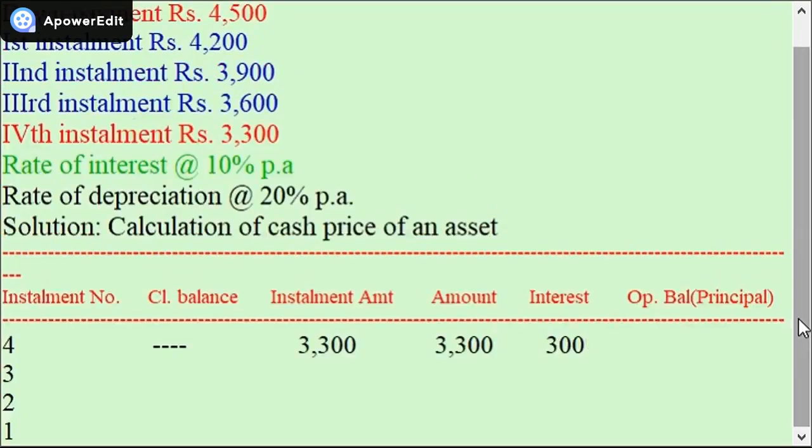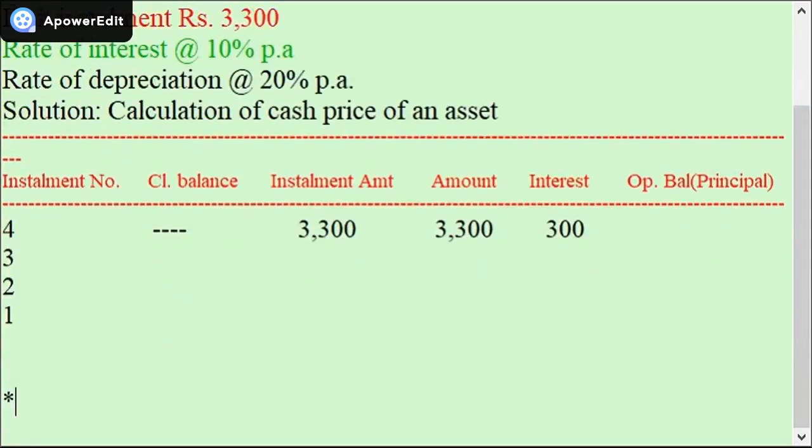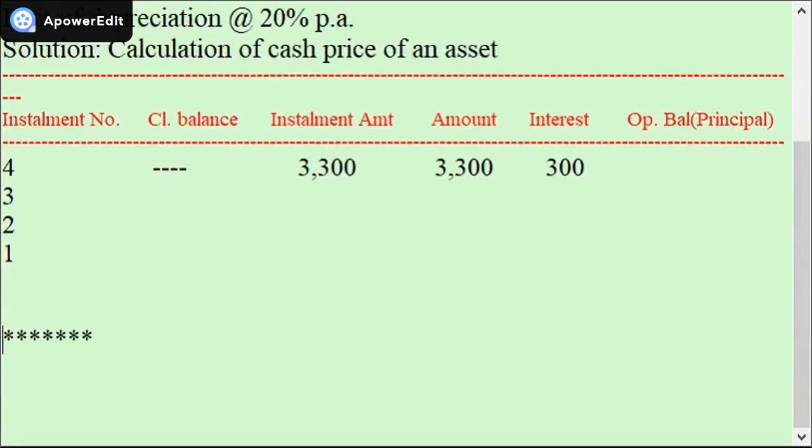I'll repeat how I have done the calculation of this interest component. I have taken the total amount 3,300, in which interest is included. So it is R divided by 100 plus R, so 10 divided by 110. That gives you 300. So that's your interest component which is included in the total amount.